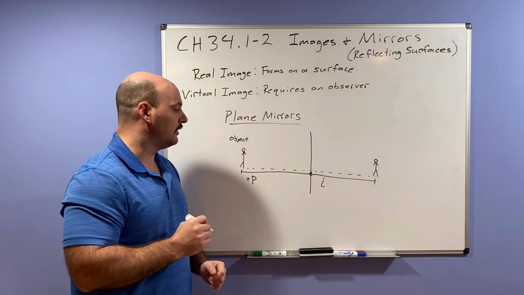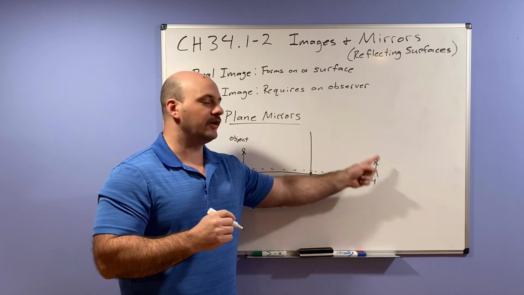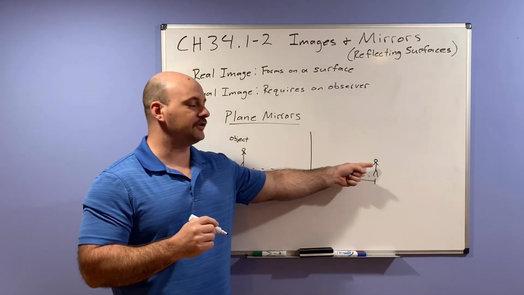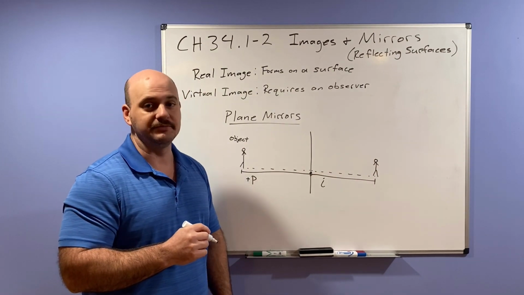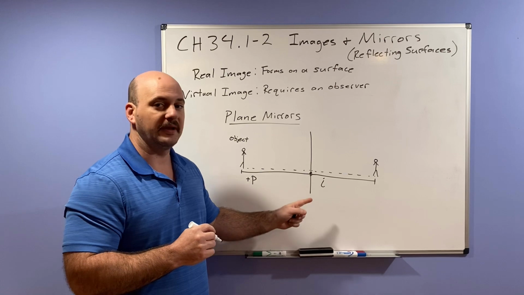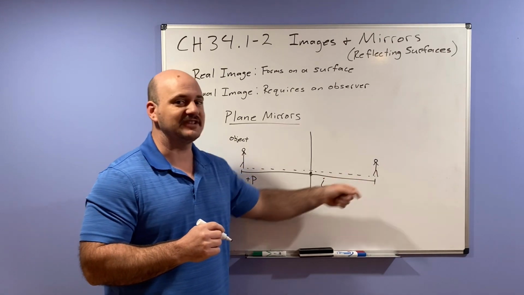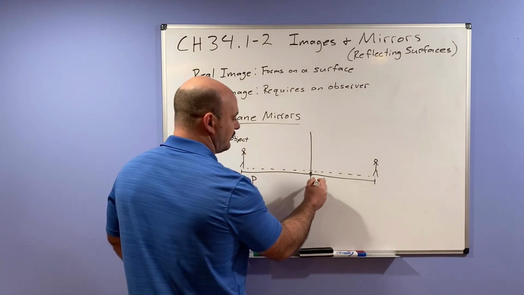We just talked about real and virtual images. This image on the other side of the mirror is a virtual image. It requires your eyeball to intercept those light rays coming back in order to see that object. So for plane mirrors, when an image forms on the opposite side of the mirror from the object, it will have a negative value.